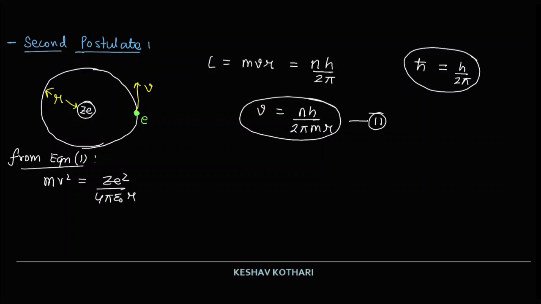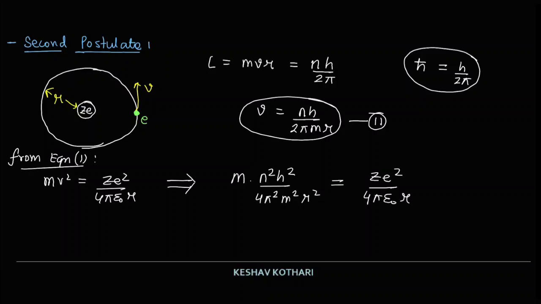If I substitute the value of v from the second equation, we can write this equation as m v square will be written as n square h square upon 4 pi square m square r square is equal to ze square upon 4 pi epsilon naught r.